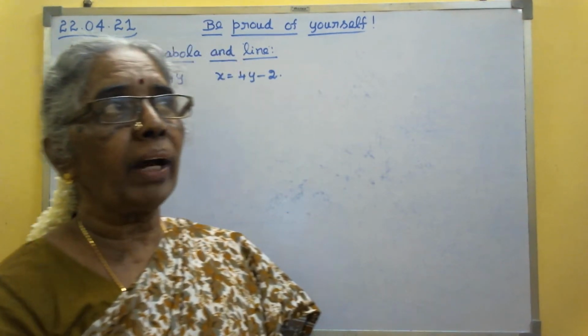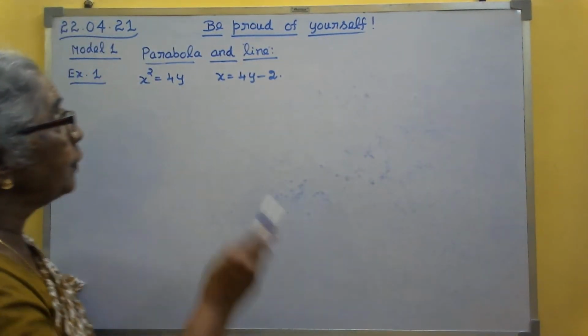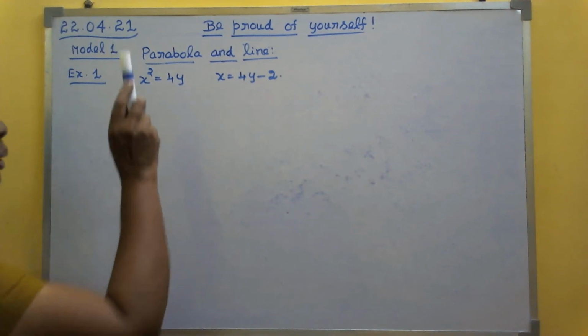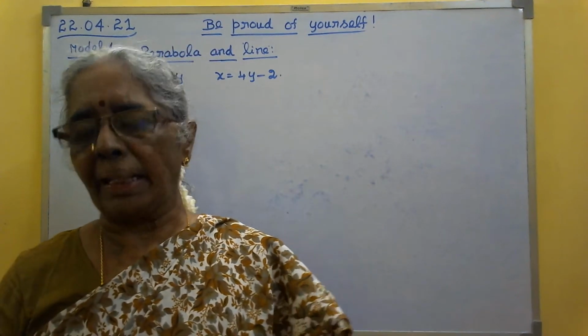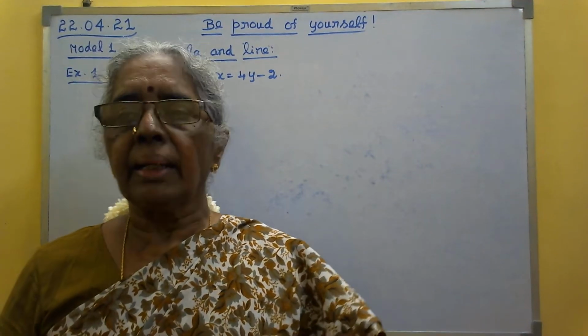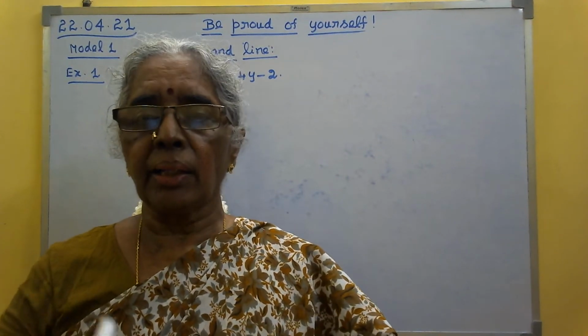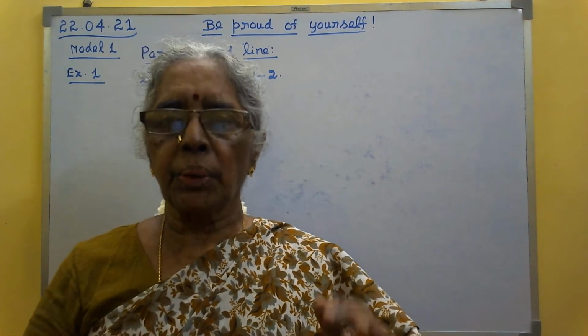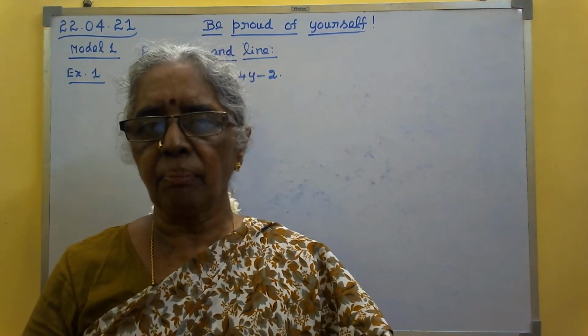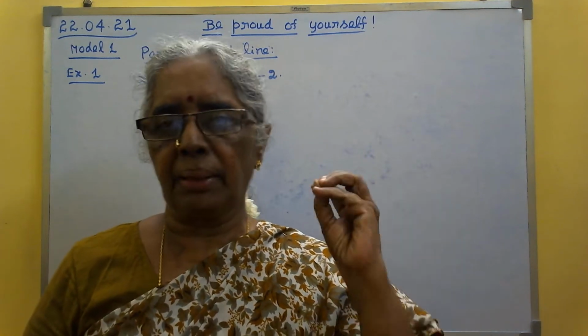Now you want to find the area bounded between the parabola x squared is equal to 4y and the line x is equal to 4y minus 2. In any area sum, I will tell you the important steps. First, you should identify the figure given and describe it.